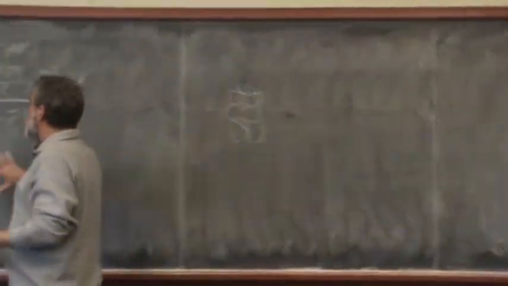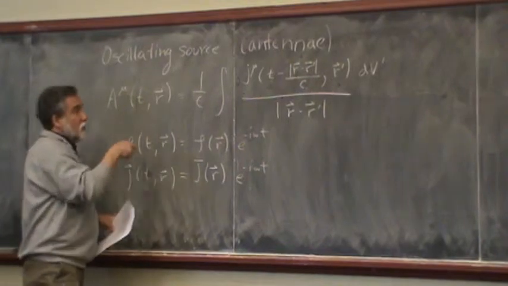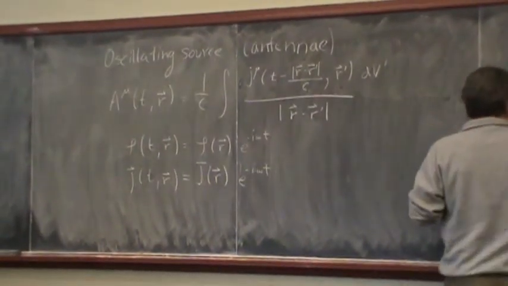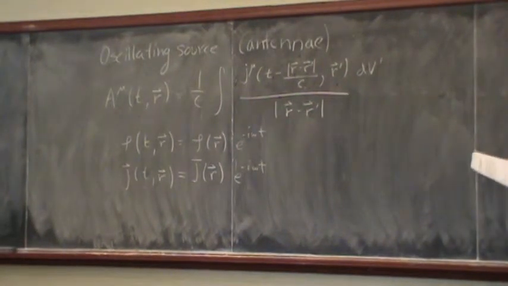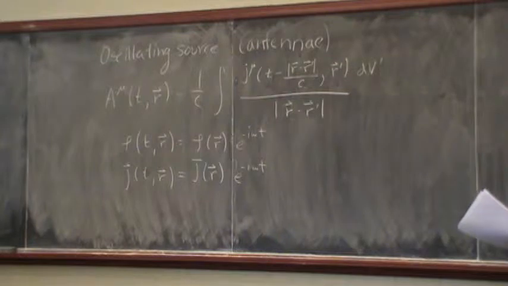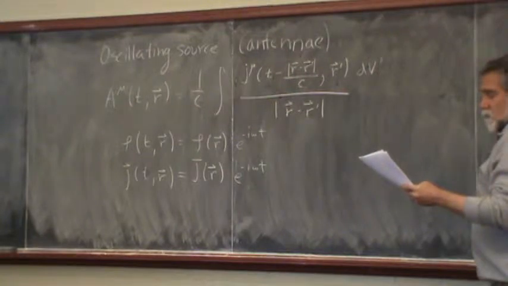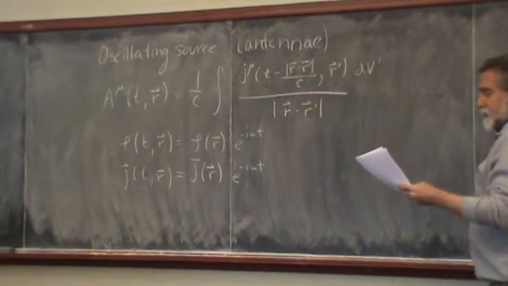So with this harmonic approximation for the current, the charge, and the fields, right? The vector potential is going to look like this. Let me see. I can write this for each of the terms.